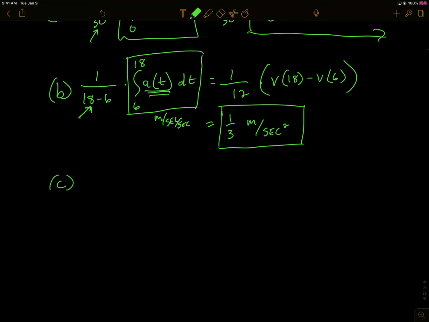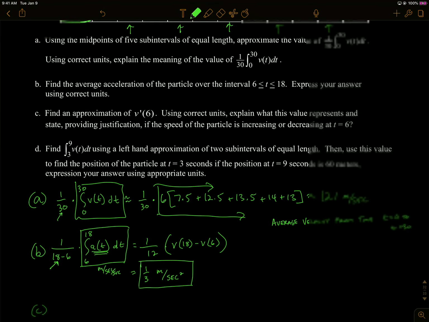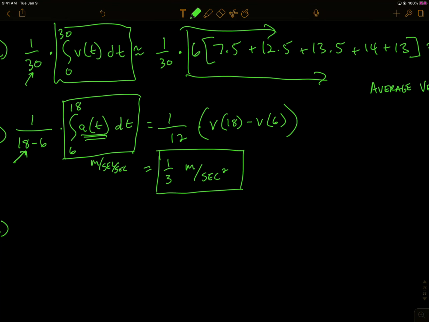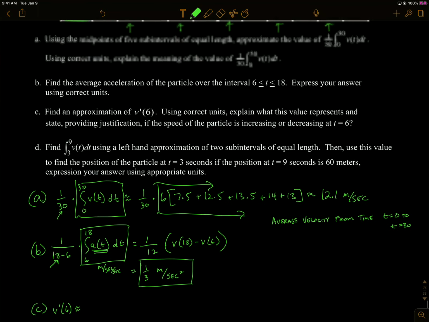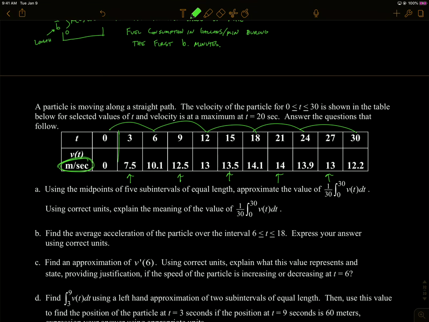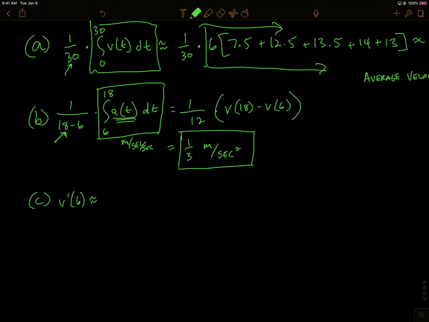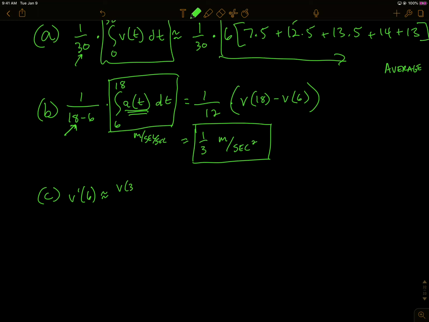Let's go for C. It says find an approximation of v prime of 6. So to approximate v prime of 6 with a table of v's, we're going to do the slope of the secant line. We're going to use the values on either side of it. So that's v of 3 minus v of 9 all over 3 minus 9.